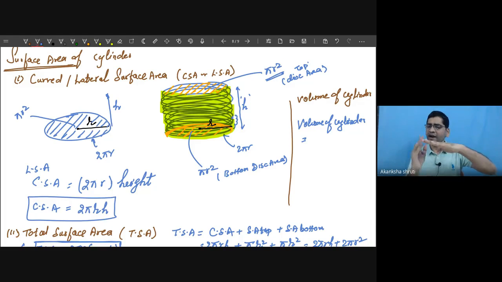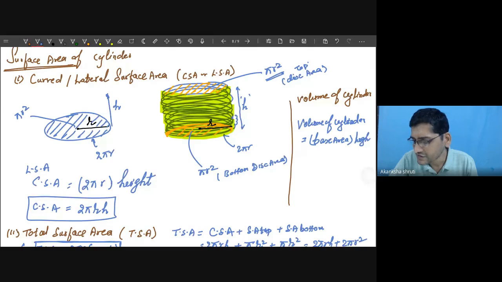Why? Because one disk is placed over another up to h times, so the entire space gets packed. This time we are calculating the volume, meaning how much space it has occupied. So it is obtained by calculating the base area or the circular area multiplied by its height.